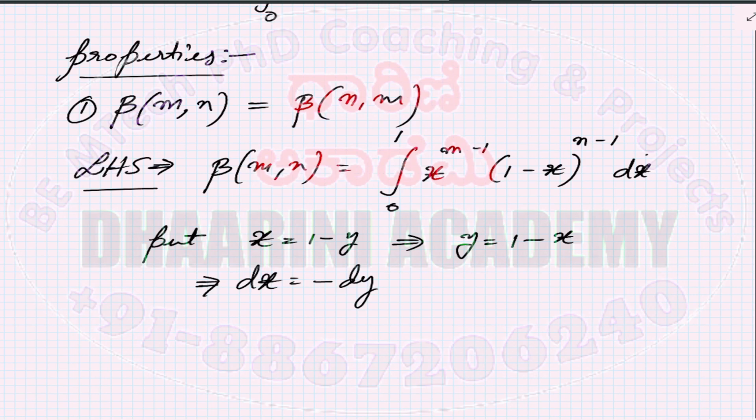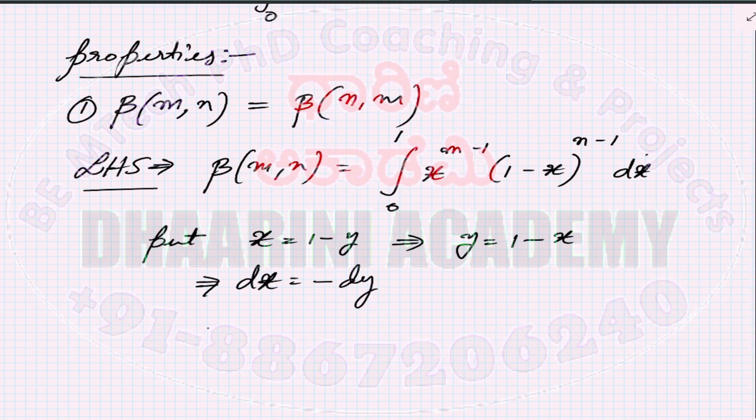Right. So I have to substitute for the limits as well. The given limits are for x. Now I need to find what happens with y, because my substitution is in terms of y.